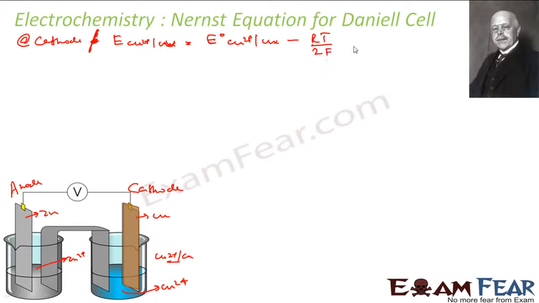So minus RT by 2F ln K. What is the value of K? Let's see this reaction. Here we have Cu2 plus becoming Cu solid plus 2 electrons. The concentration of solid copper is always 1, divided by the concentration of Cu2 plus.